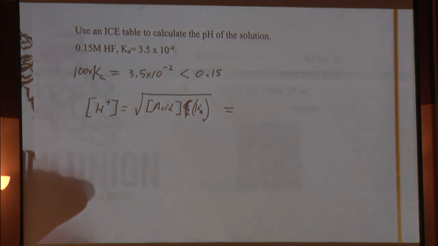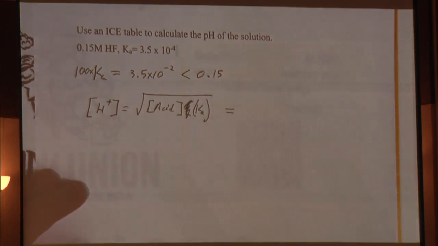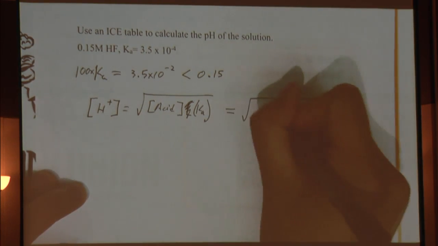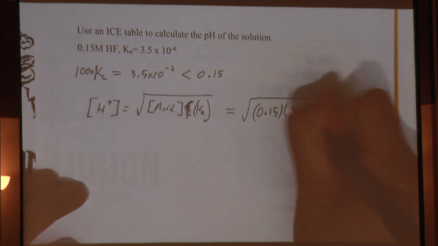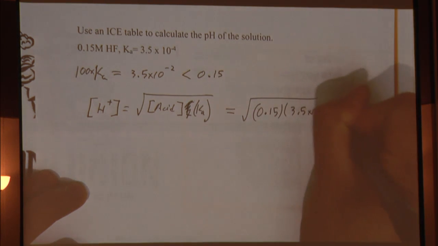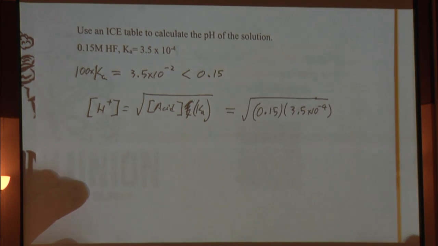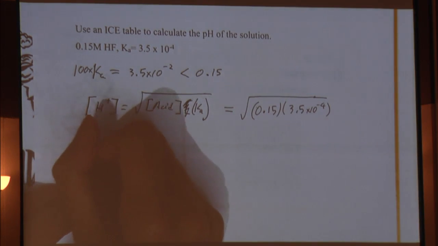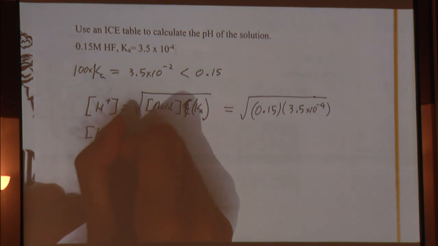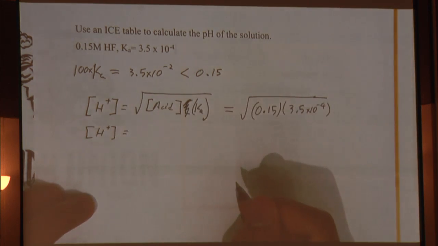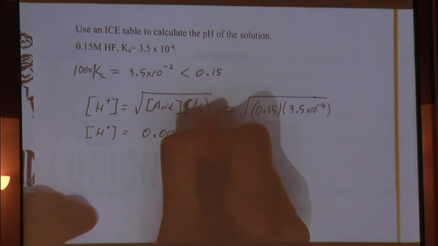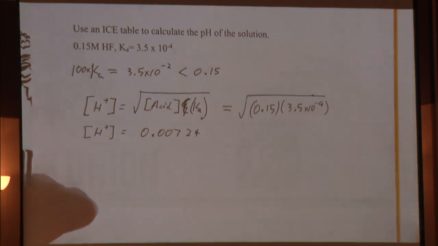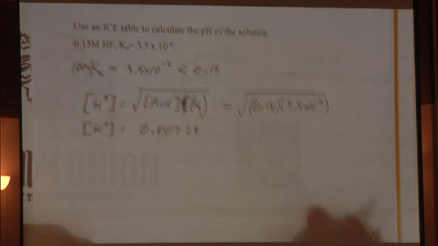So if we write our formula and plug in the numbers, we get a concentration of protons of 0.00724.